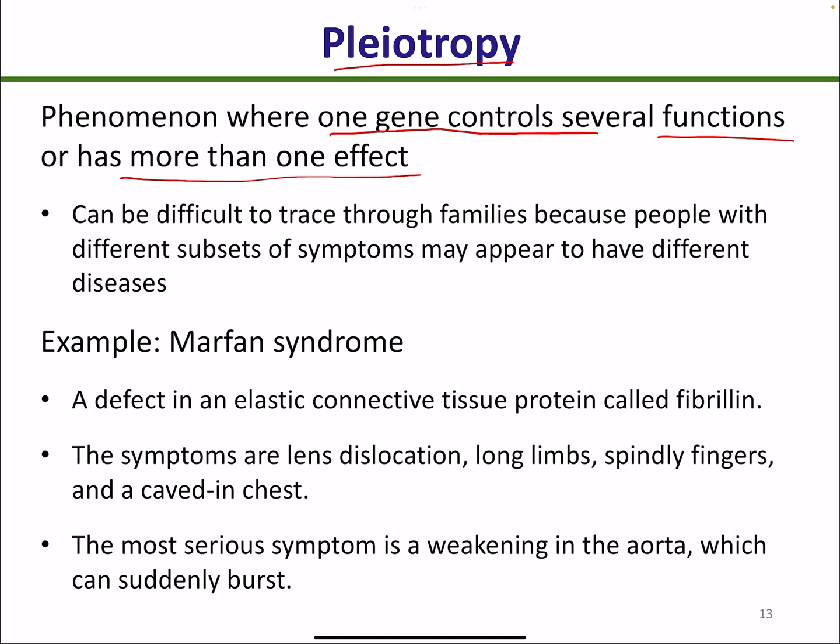This is true for cystic fibrosis, for instance. In a cystic fibrosis individual, some individuals can have affection in the lungs, in their digestive tract, in their reproductive tract, and so on. So this is pleiotropic.